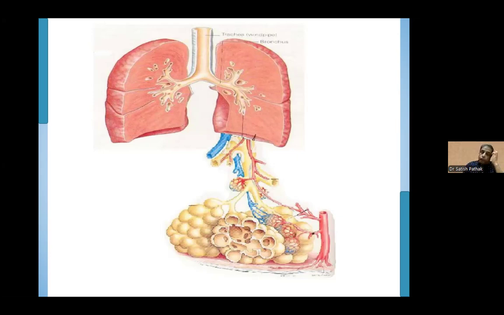Similarly, when you are doing Kapalbhati, there is a normal inhalation and forceful exhalation. When you do forceful exhalation, the alveoli closes. And then you do normal inhalation. So slowly alveoli open up, inflate, and the elasticity of the alveoli is maintained.